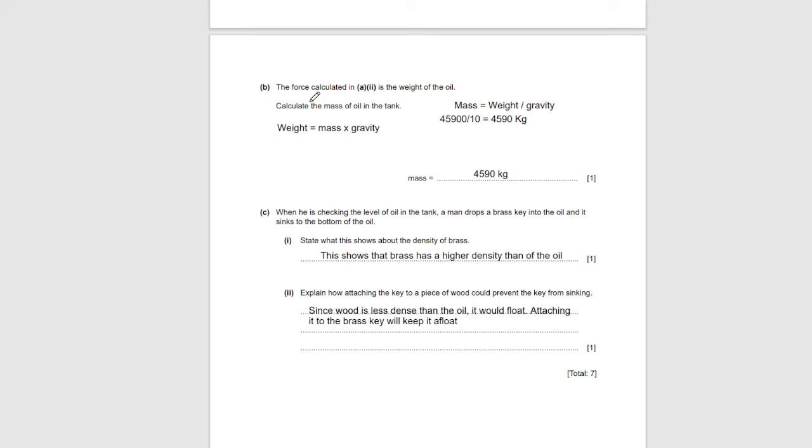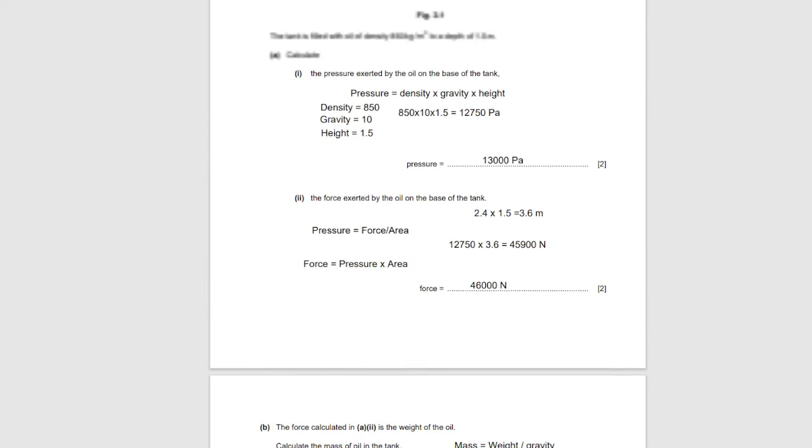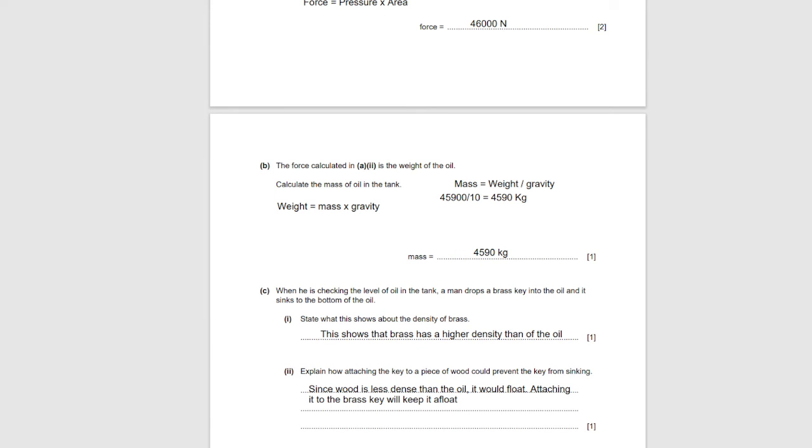The force calculated in A3. Let's go check what is A3. This one, which is 46,000 newtons, is the weight. So there are actually two ways to do this question to calculate the mass of oil in the tank.